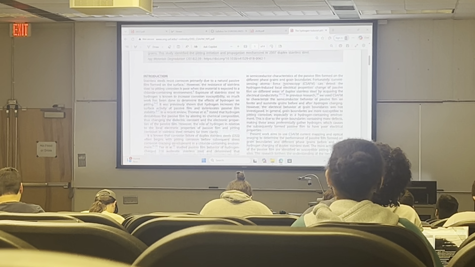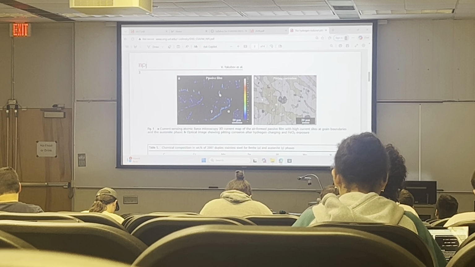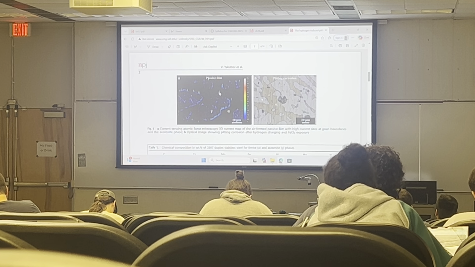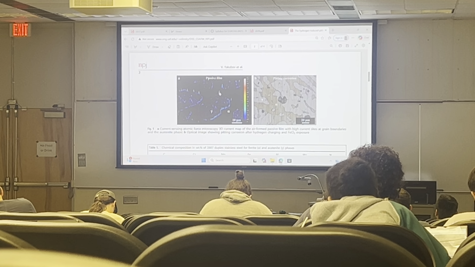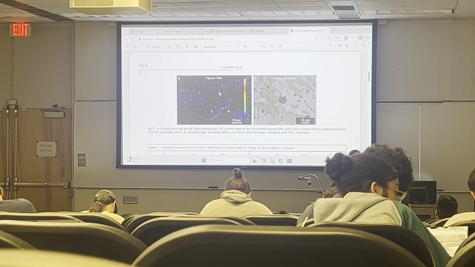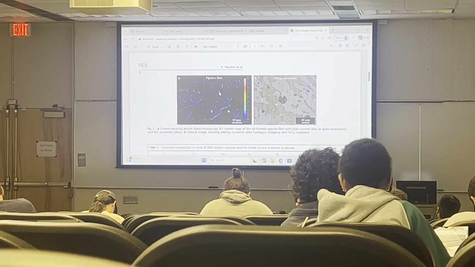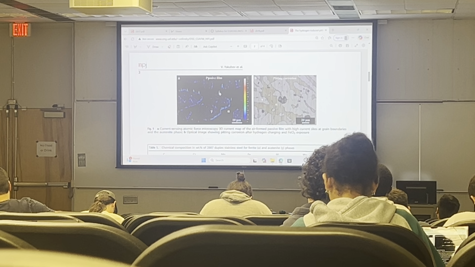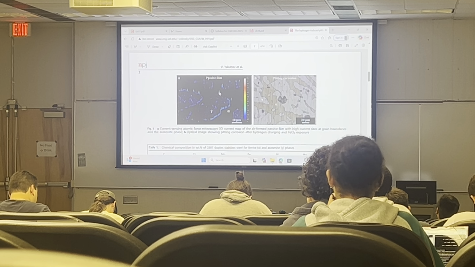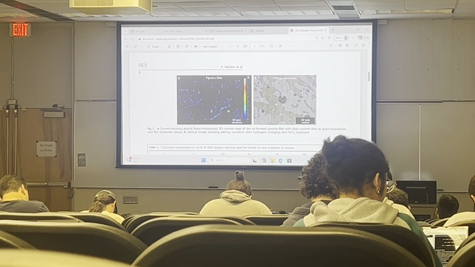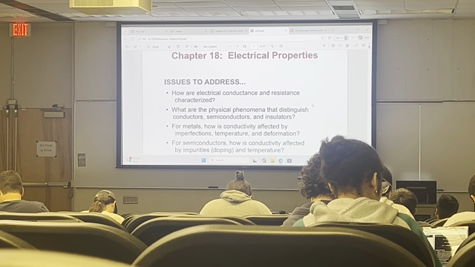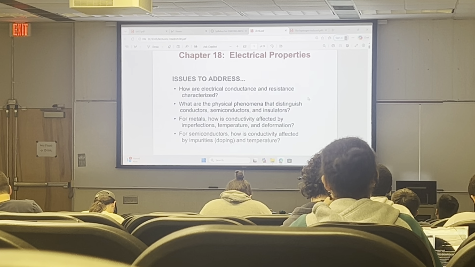There was another paper where we actually measured IV curves. IV means current-voltage, and there were three types of behaviors observed: a metal, a semiconductor, and an insulator. So with that, welcome to Chapter 18, Electrical Properties.